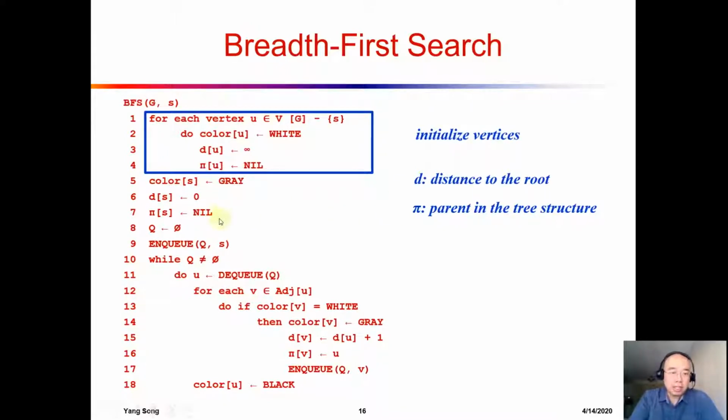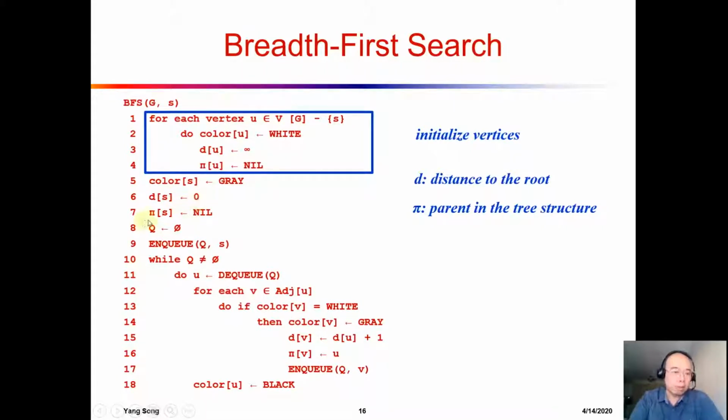And the next step, we want to touch the root. So for the root, we color that as gray. And what does gray mean? Gray means we have already discovered that node, but we haven't fully explored that yet, right? And then for the d.s, the distance to the root, since s itself is the root, the d.s will be 0.